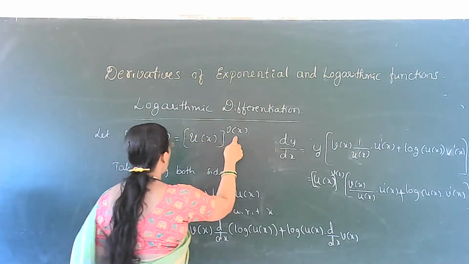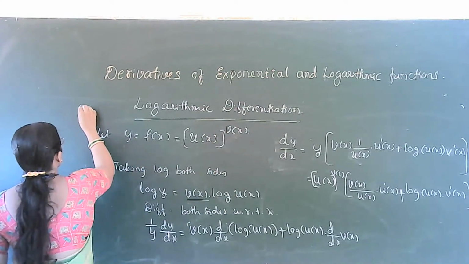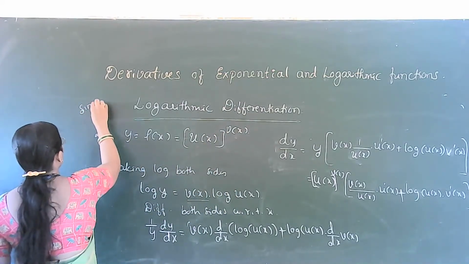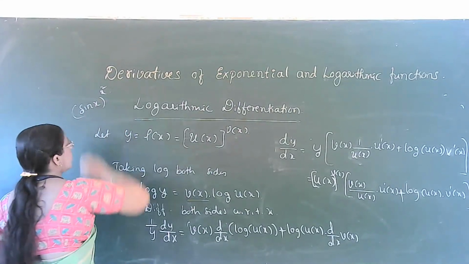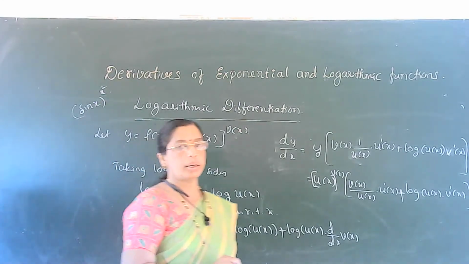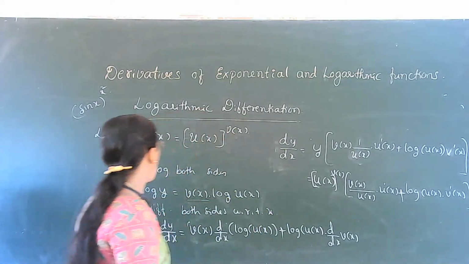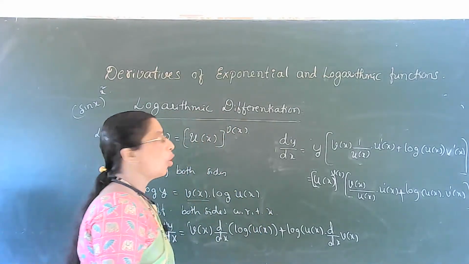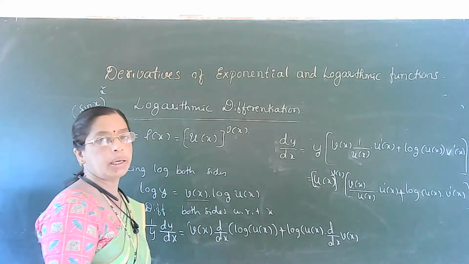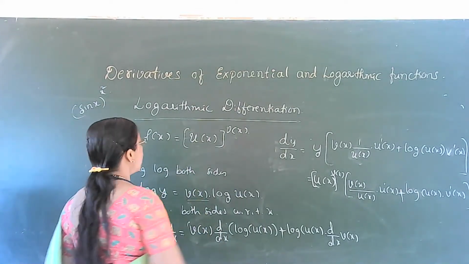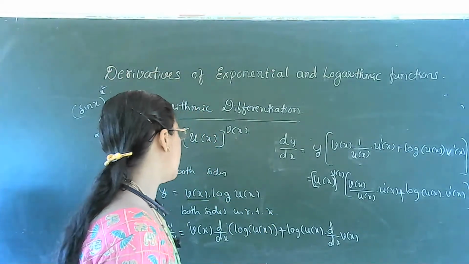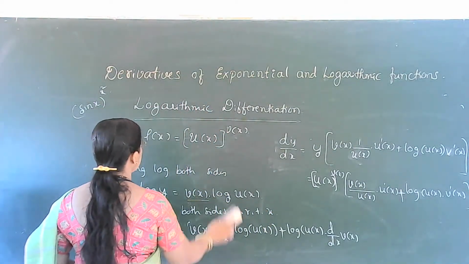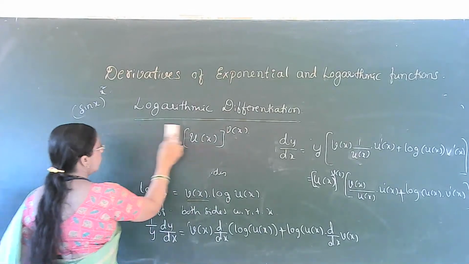It's also another function, like sine of x to the power x, or x square. Finding the derivative of this type of function is very difficult. By taking logarithm on both sides, you can find the derivative of this type of problem.